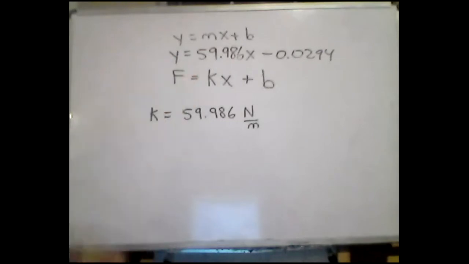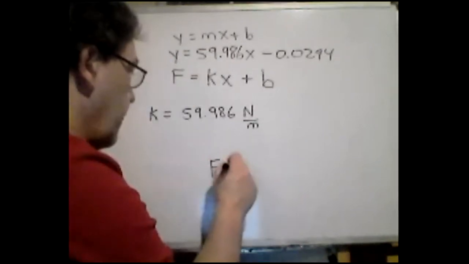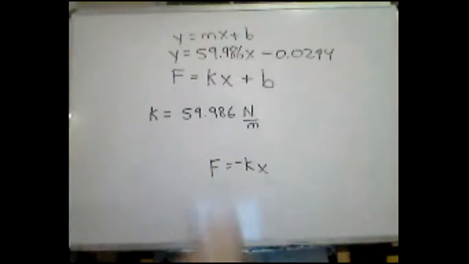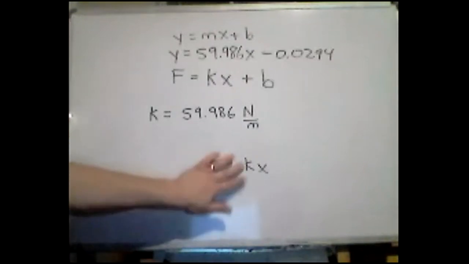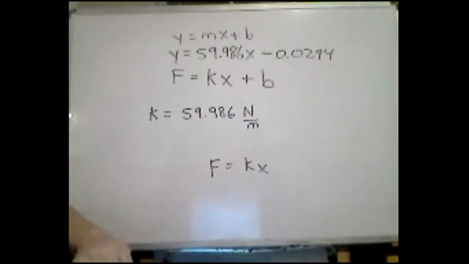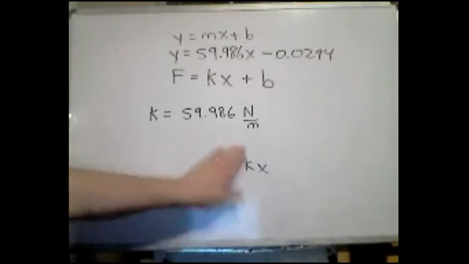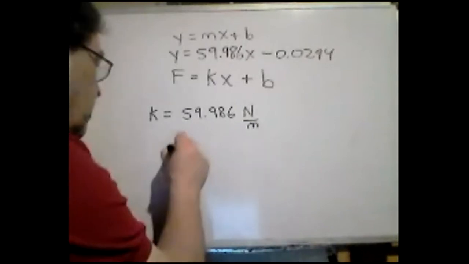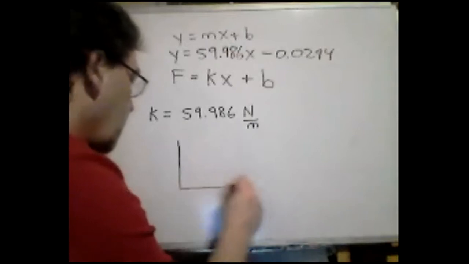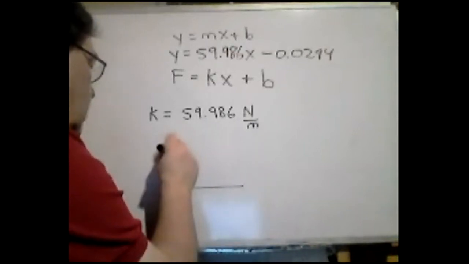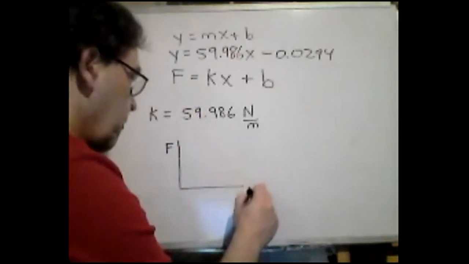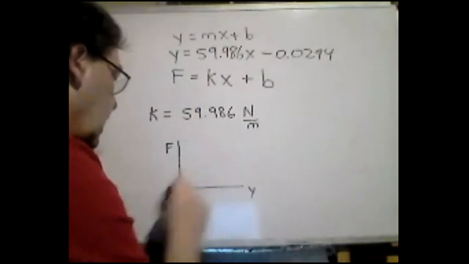Now, I wrote earlier that F equals negative kx, right? But the negative is just a direction. If you want to talk about magnitudes, we don't really care about that negative. So what we really have here is a linear relationship. What I showed you is that in reality, I should actually go to 0.